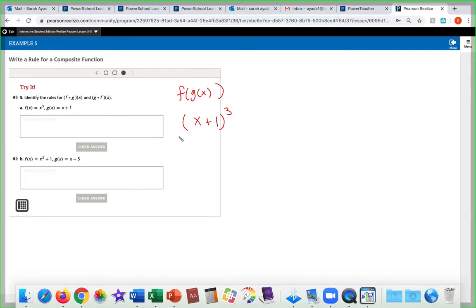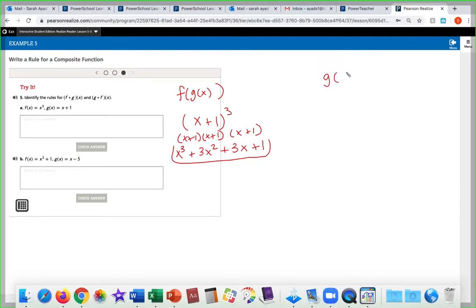I would have to then write this out 3 times, x plus 1 times x plus 1 times x plus 1, and multiply it out. If I did that, I should get my simplified answer, x cubed plus 3x squared plus 3x plus 1, after you do all the multiplying out.